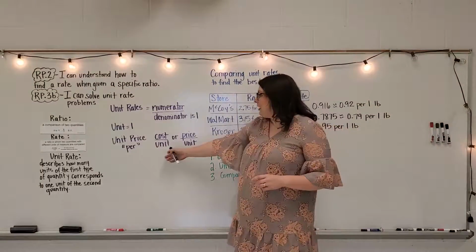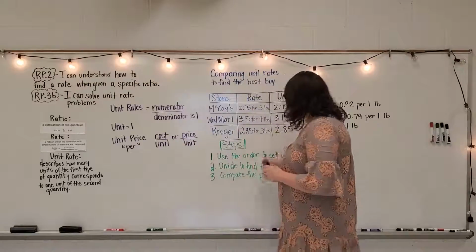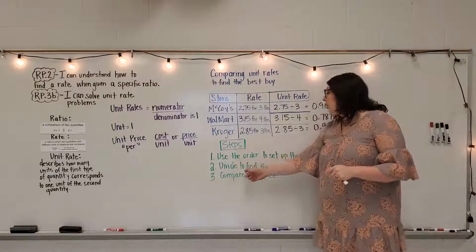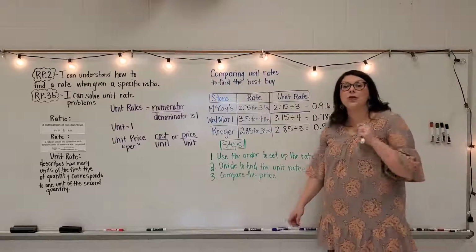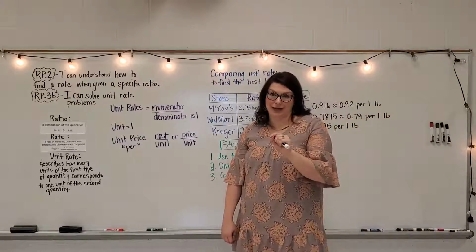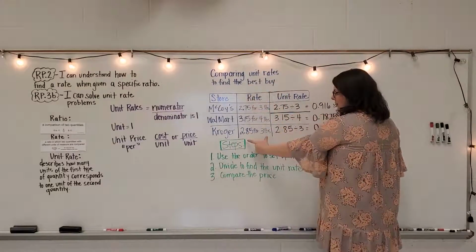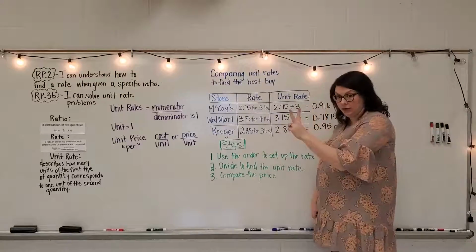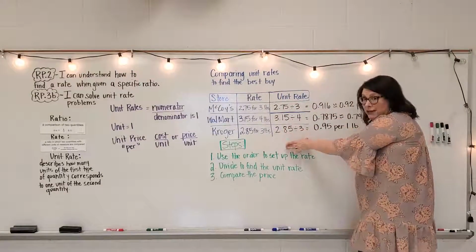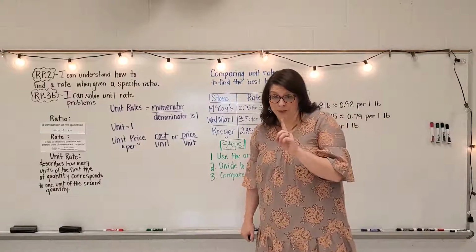So that's where we get our setup over here, cost per unit and price per unit. So we're going to set up the ratio to make it into a rate. Then we're going to divide so that our denominator becomes 1, and that makes it a unit rate. So in this column, these are rates because they're comparing two different quantities. And in this column, it becomes a unit rate because now we are dividing to get the denominator into 1.